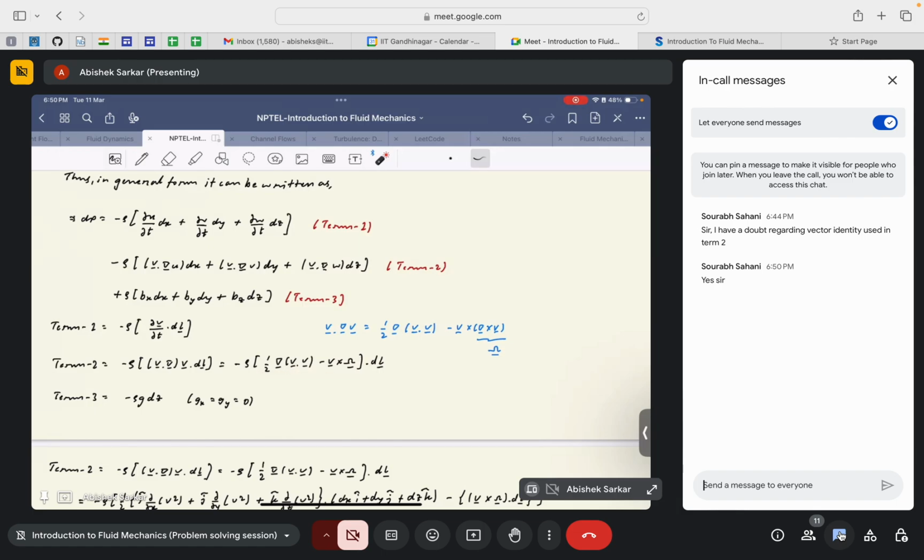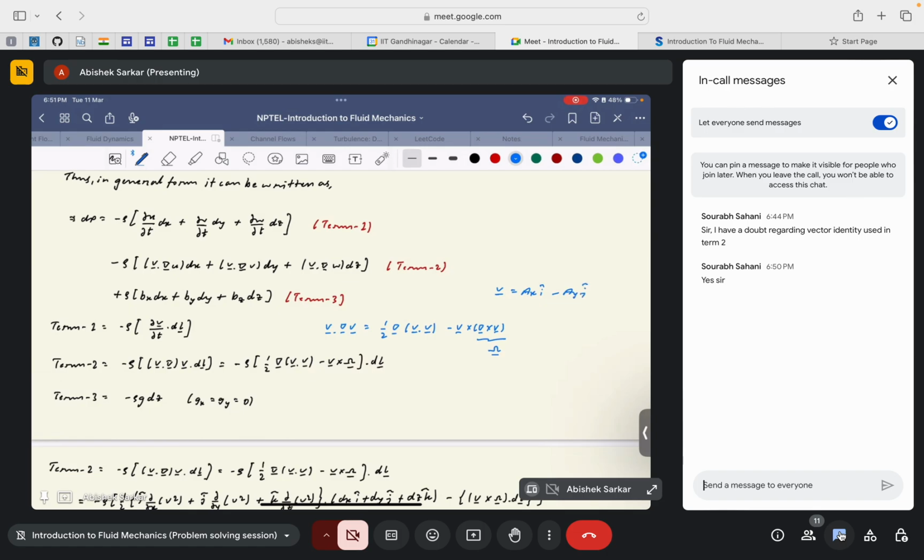I am also not well versed right now to derive this entire expression, but what I can say is that right now you can just take it as it is. But if you are concerned regarding the validity of this identity, you can take your velocity as, say, a x i cap minus a y j cap.